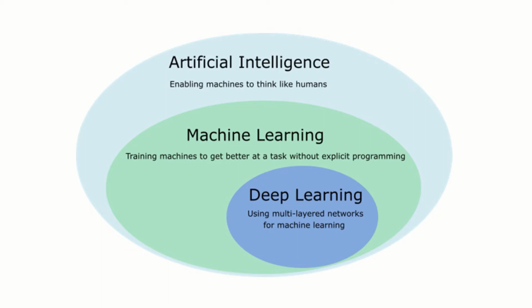And then finally, deep learning, which is a subset of machine learning, means that now you would be using multi-layered networks or neural networks for the purpose of machine learning. So when you enter into the usage of neural networks or multi-layered networks for machine learning, that means you are going into the process of what is known as deep learning.